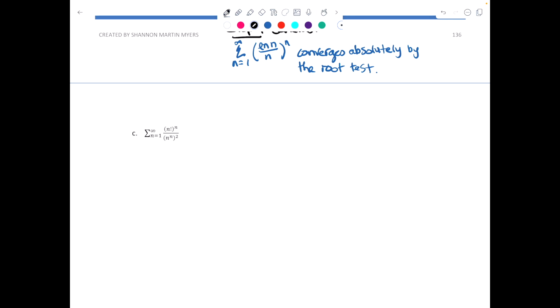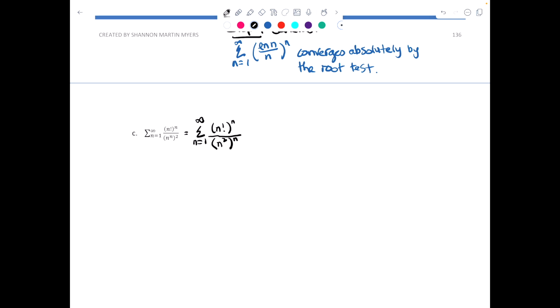So let's do a little bit of algebra on this series first. This is equal to the summation as n goes from 1 to infinity of (n factorial) to the n over, and this one we can rewrite as, (n squared) to the n. Cool?